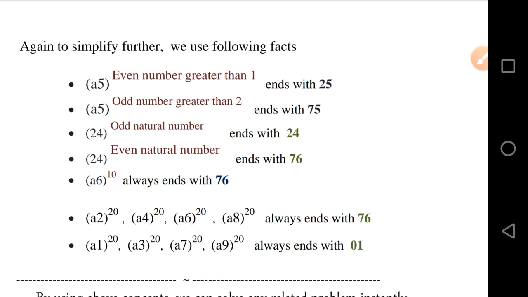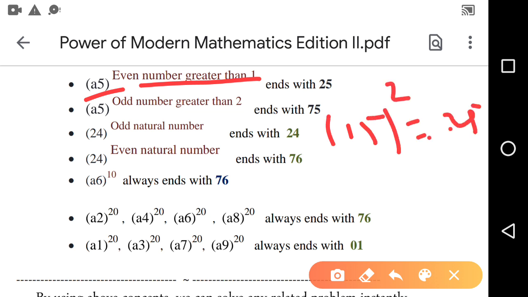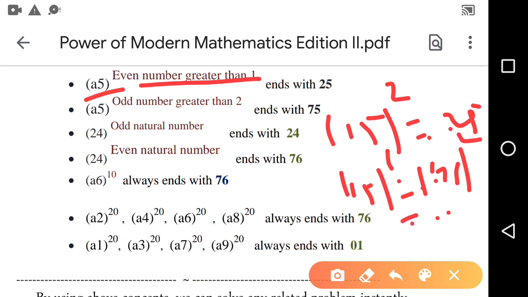To simplify further, we use the following facts, friends. A number ending with 5 raised to an even number greater than 1, like 15 raised to 2, ends with 25, friends. Similarly 15 raised to 4, a number ending with 25 raised to 2, also ends with 25, friends, in this manner.